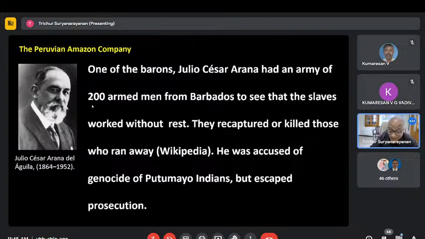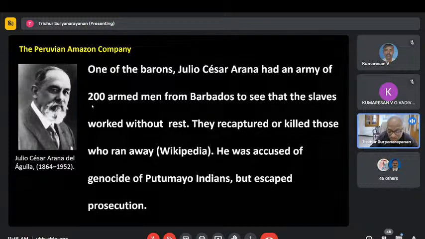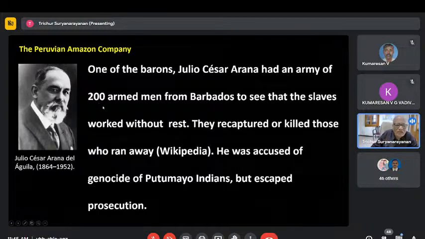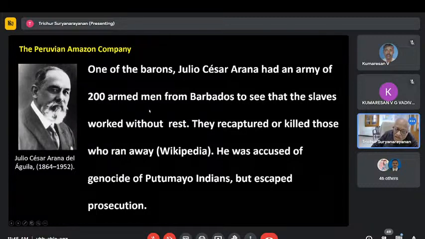But if they go into the forest, they could escape. They could just not return, and it's difficult to trace them. So what Arana did was he hired around 200 people from Barbados, and he supplied them with guns. The 200 people managed the slaves.